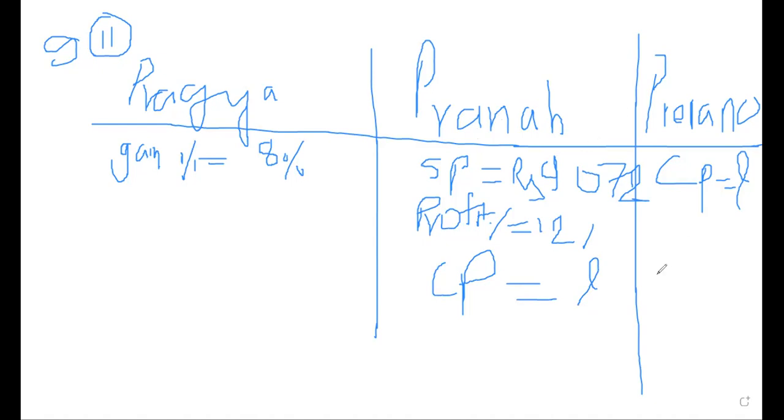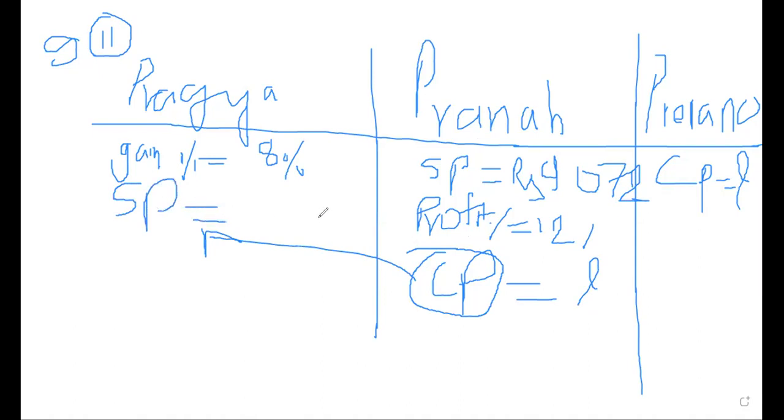And that cost price for Pranab will be the selling price for the Pragya. Whatever value you get here, that value you put here. Understood? By using the selling price, now we can find out the cost price for Pragya. Can you find now?